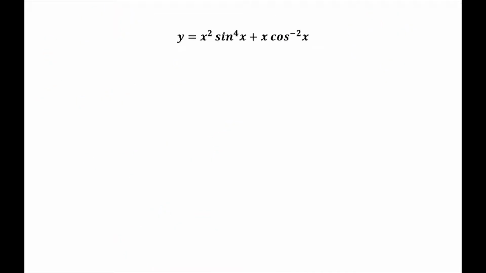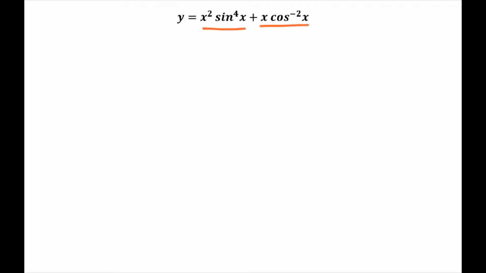Well, this question is a bit complicated because we do have two parts here and there's a multiplication in between them. So we're going to use the product rule, u times v, which is u prime v plus u v prime. So I'm going to take the first part, then we will move on to the next.